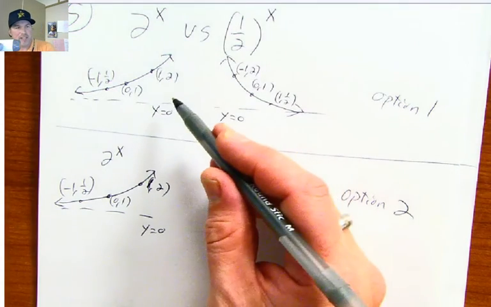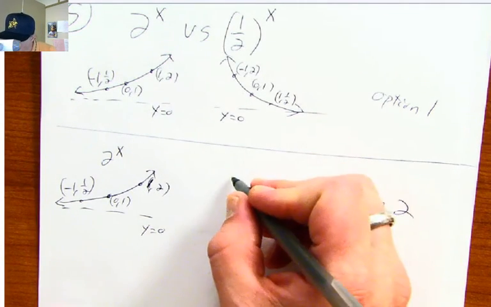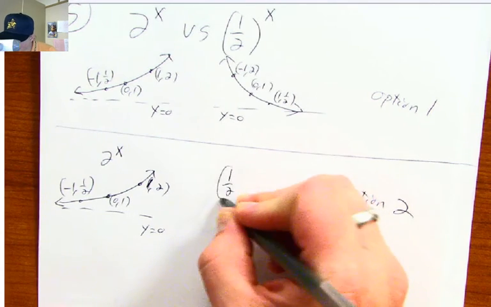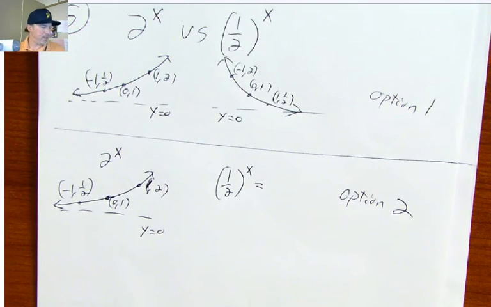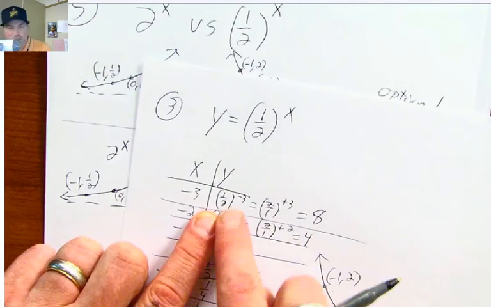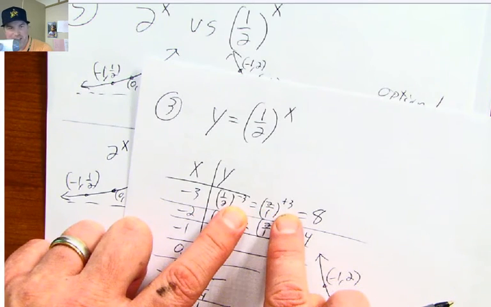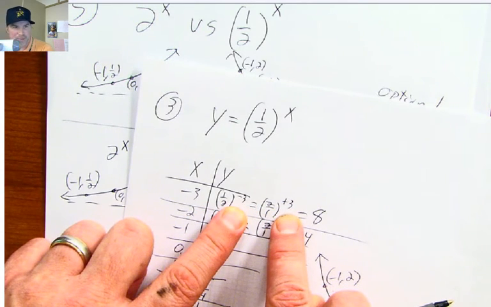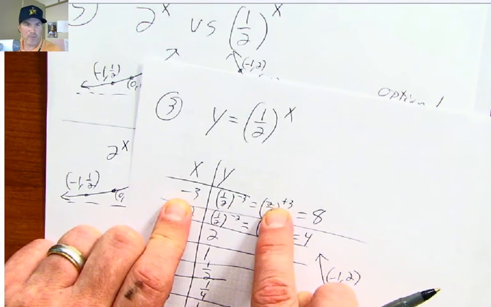So in this case, I'm going to think about 2 to the x only looking like this. Now, 1/2 to the x, as we talked about earlier in our table of values, if you reciprocate the function, the exponent that's attached to it flips from negative to positive. Or it could also go in the other direction, from positive to negative.